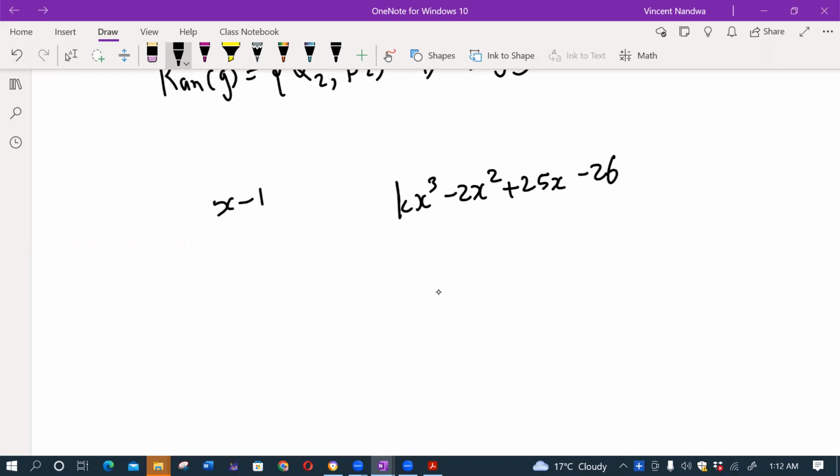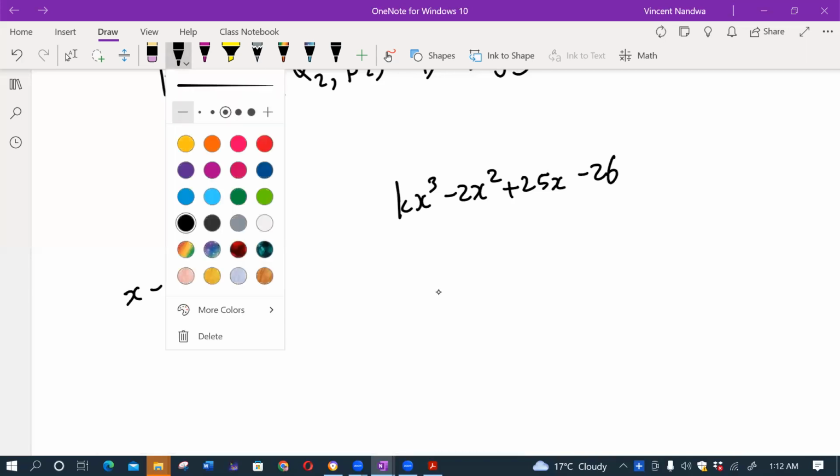So by factor theorem, if x minus k divides a polynomial p of x, then p of k is the same as 0.